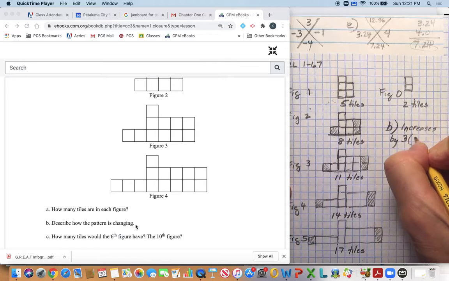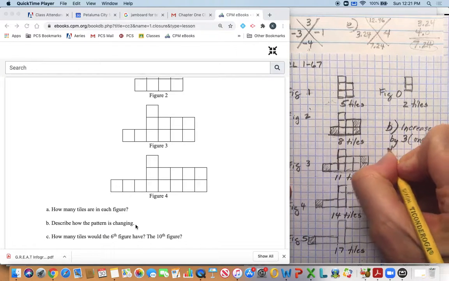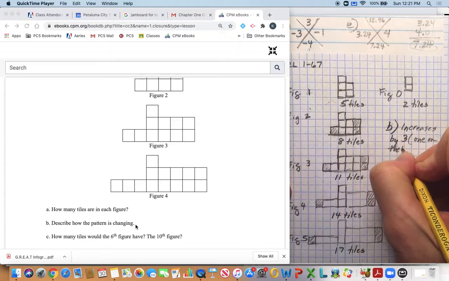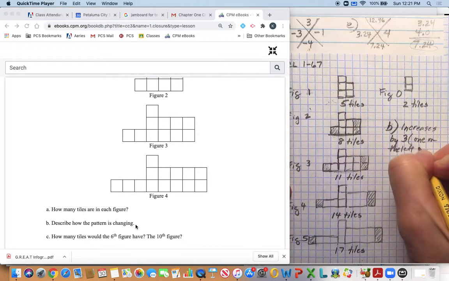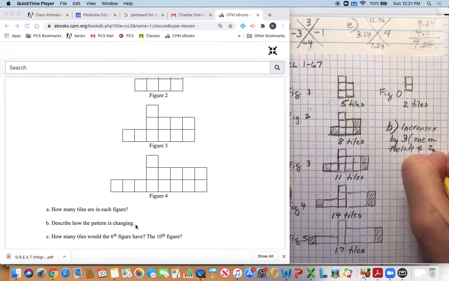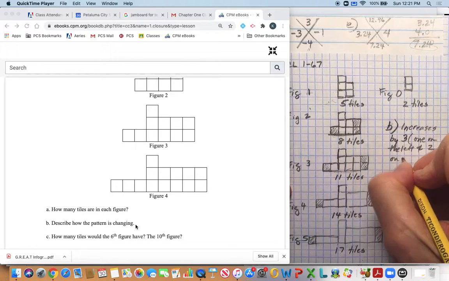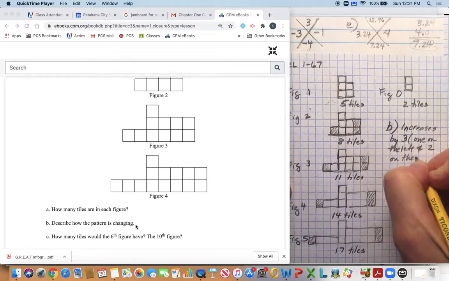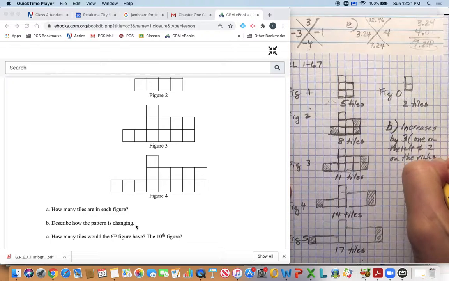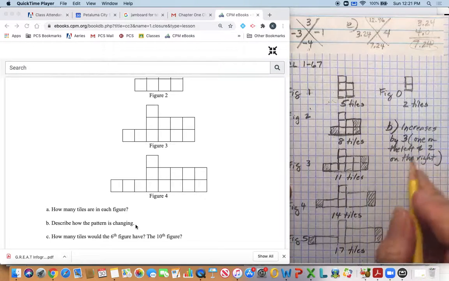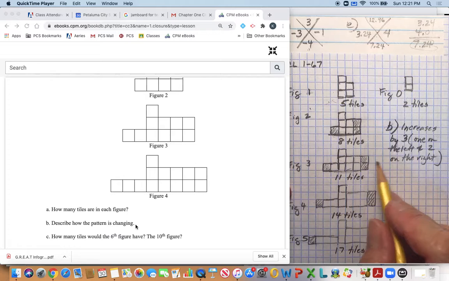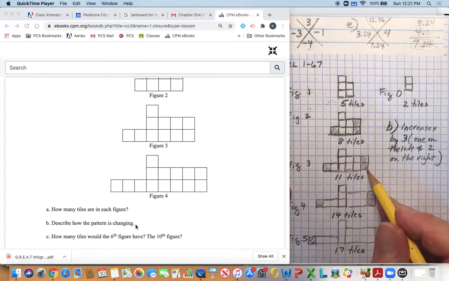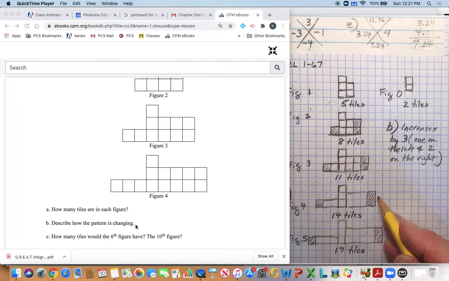And then I'll say 1 on the left and 2 on the right. All right, so that pretty much describes it. And I've also colored it in, so that's another way of showing how the pattern is changing.